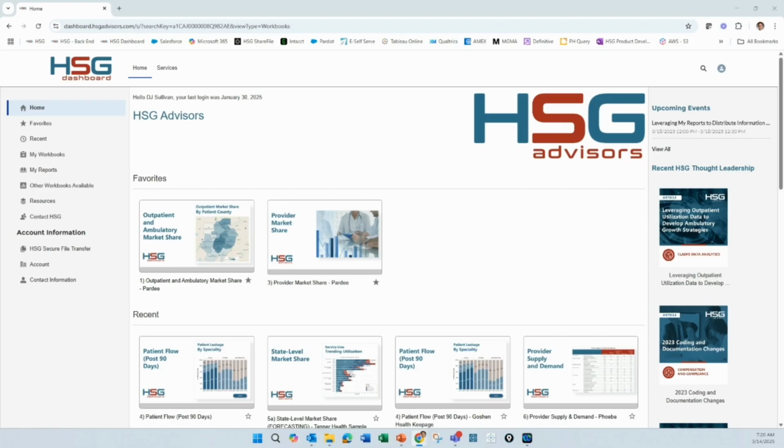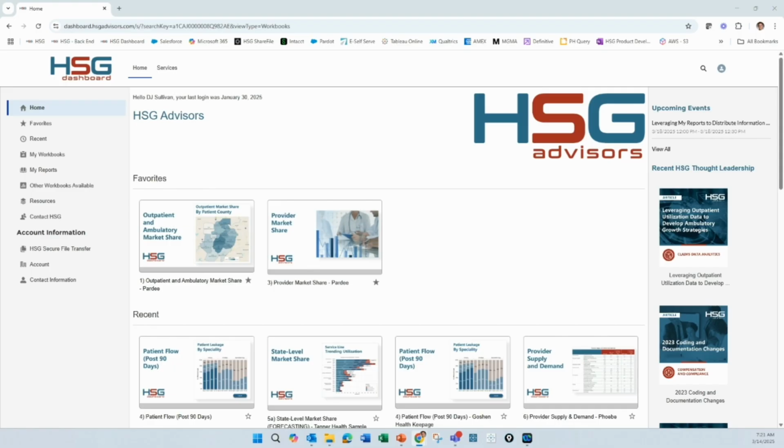What HSG finds best from the data transformation process is visualizing and simplifying claims data to be very actionable, both at the practice, individual provider relationship, and overall network level.